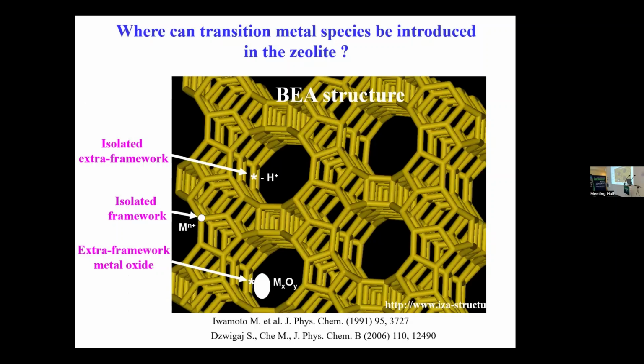So there are several positions: isolated extra-framework species, isolated framework species, and extra-framework metal oxide. For us, more interesting is incorporation in the framework position. It is very difficult because we should look for a special method to incorporate metal in this position.